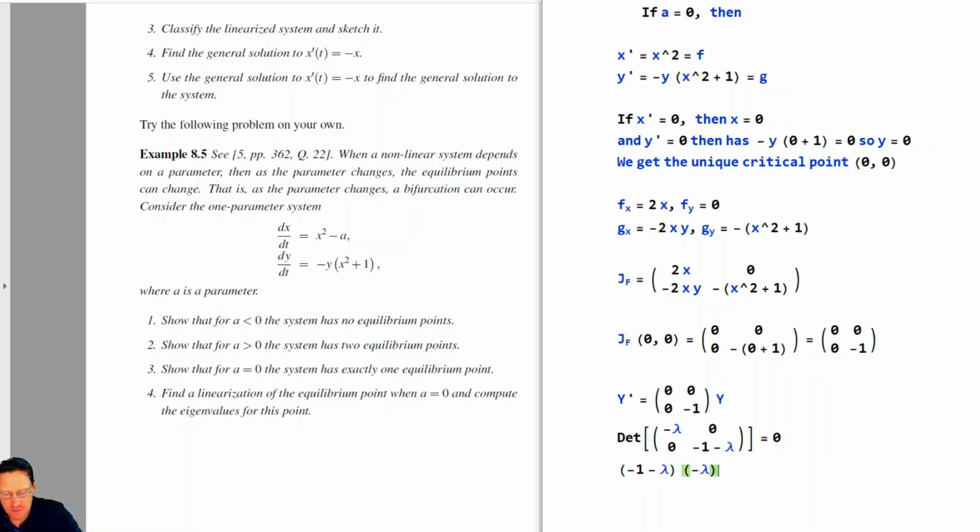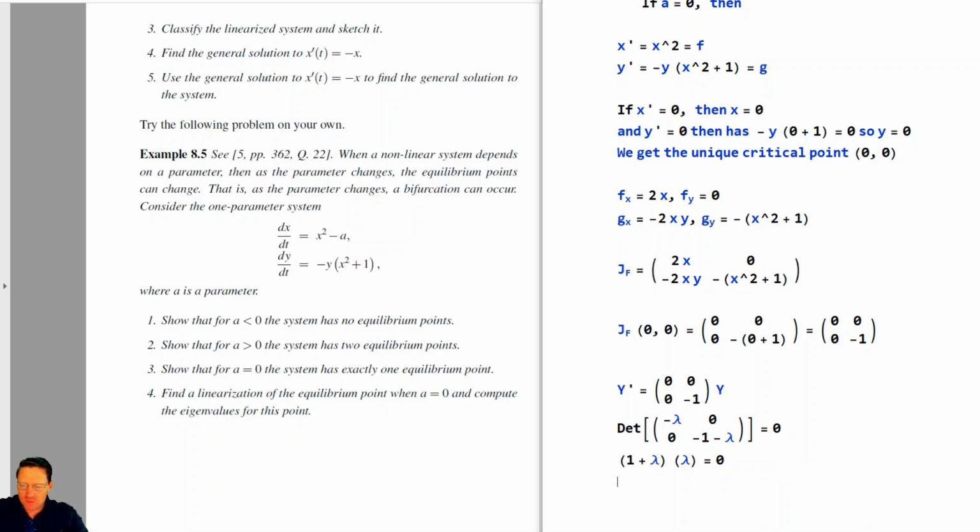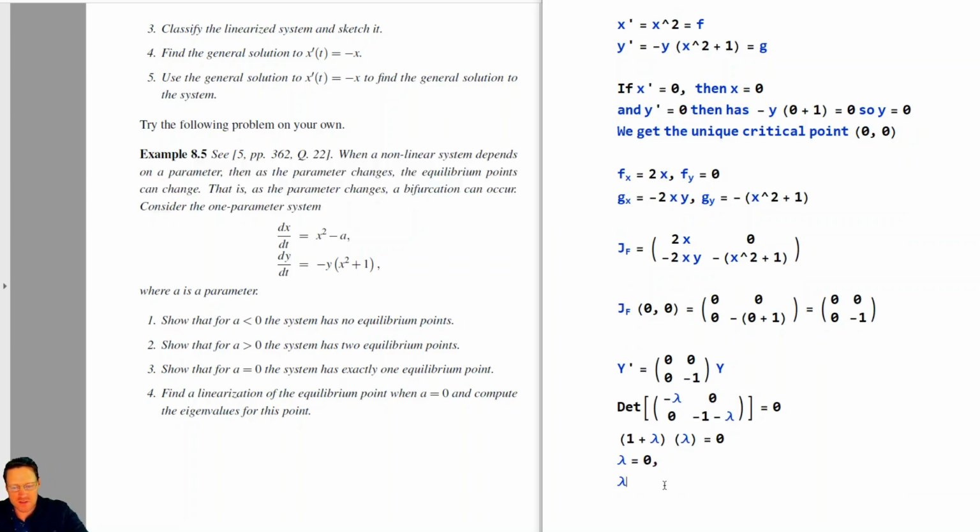And so this is equal to 0, but since they're two negatives, I can multiply those together and put a plus in here. All right, so this is our characteristic equation, and now we're solving this for lambda, so we get lambda is 0 and lambda is minus 1. Okay, so we've got the eigenvalues.